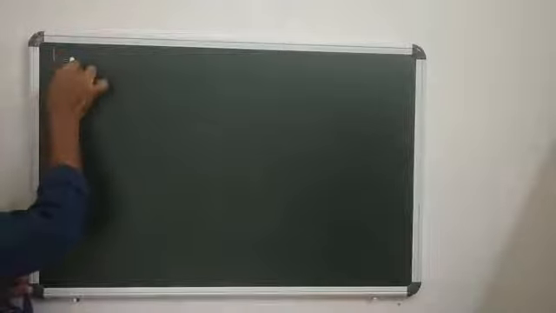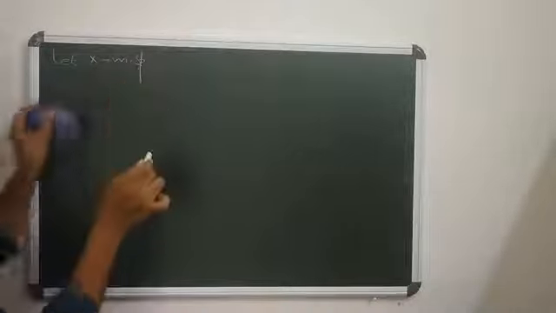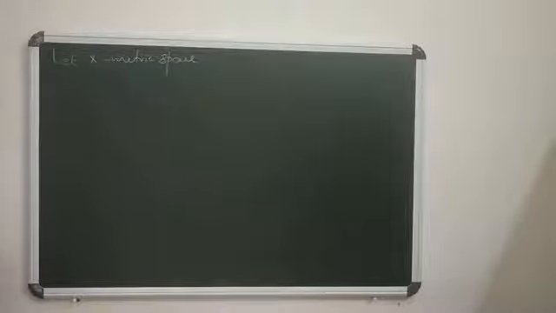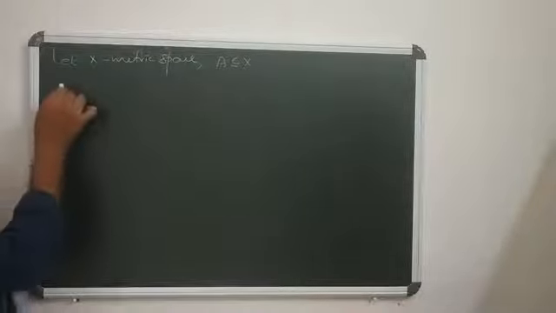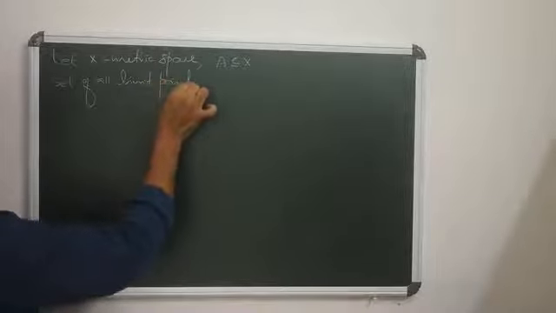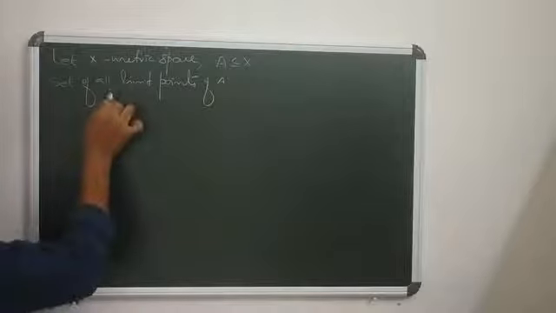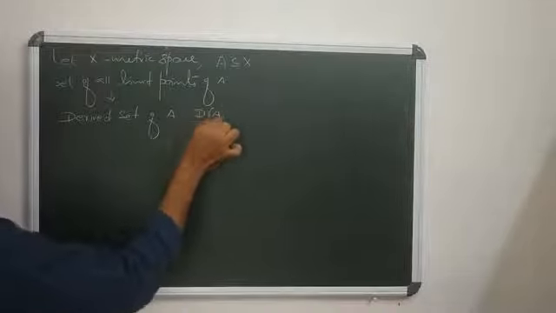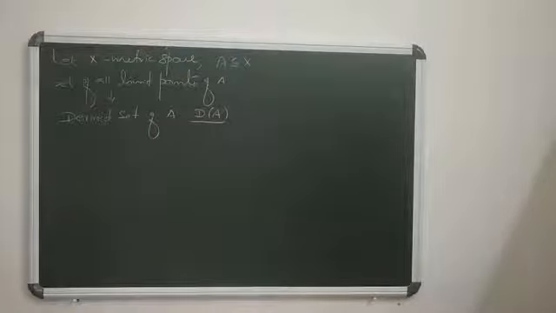Now consider another definition. Let X be a metric space and A be a subspace of X. Then the set of all limit points of A is called the derived set of A, and it is denoted by D of A. That's another important term. Derived set means the set of all limit points of A. X is a limit point of A when the open sphere S r of X contains at least one point of A other than X itself.